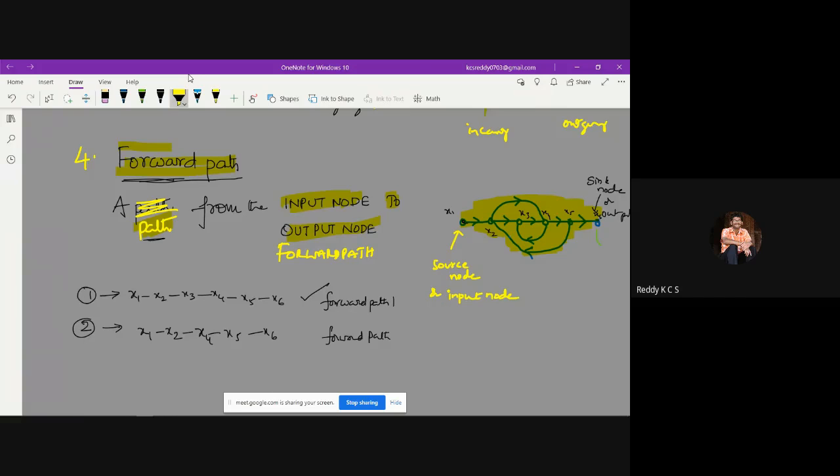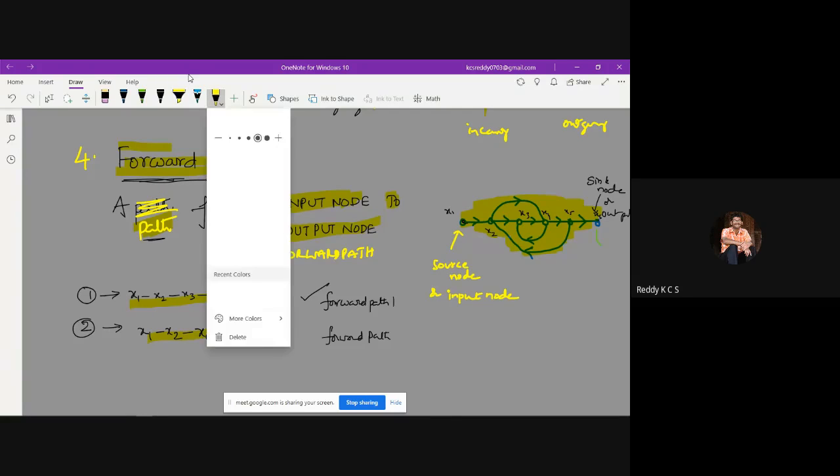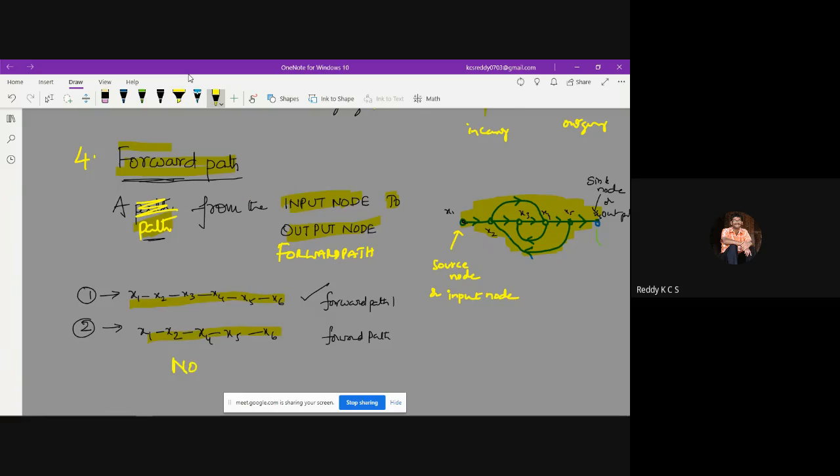While tracing a forward path, no node is to be traced twice. Here, if you look at nodes 1, 2, 3, 4, 5, 6, or 1, 2, 4, 5, 6, no node is repeated. You should not touch the same node twice.